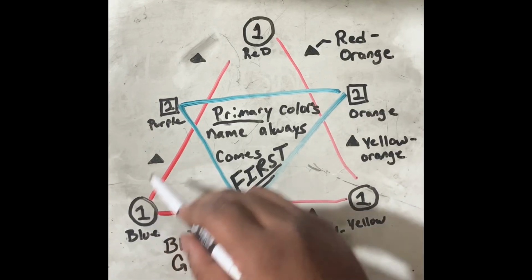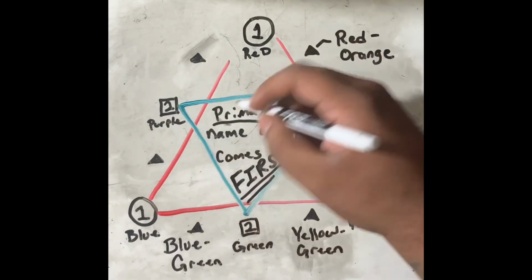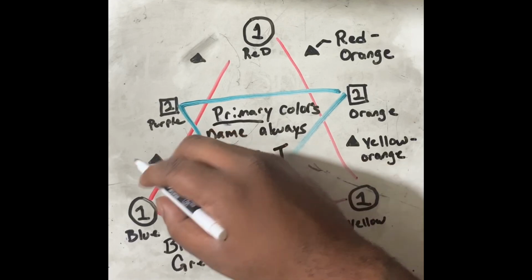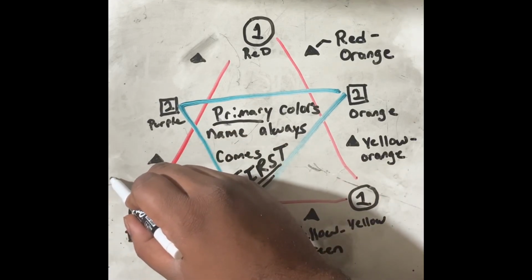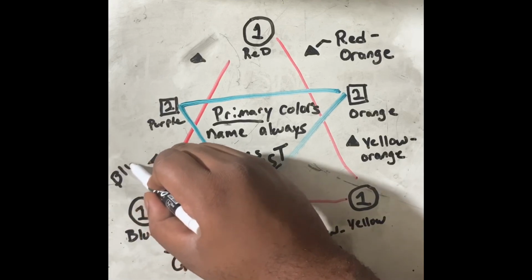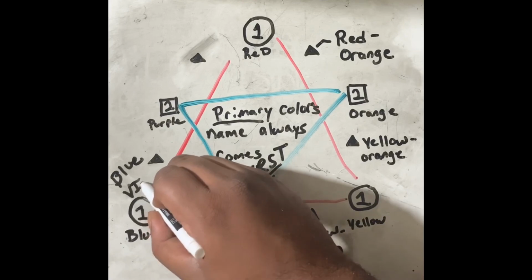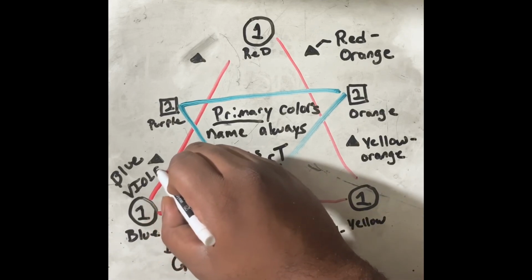When you mix blue and purple, you get what we like to call blue-violet. When we talk about purple in the tertiary context, it will always be called violet.